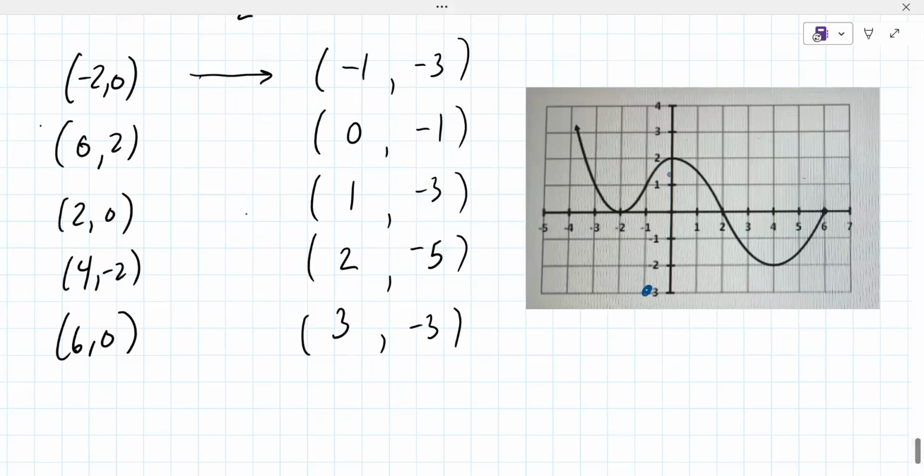The next one is (0, -1), (1, -3), (2, -5), which we can't really get, and then (3, -3) there. So if you trace it the way it looked there, you can see that the last part I didn't get real well. See that it comes down and goes up, and then it shoots up like that. And that's what they're looking for.